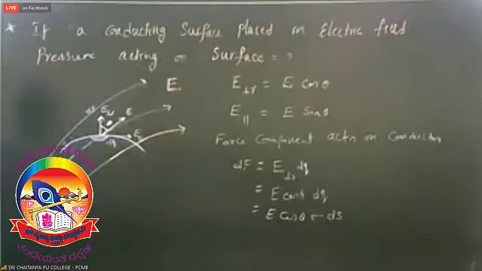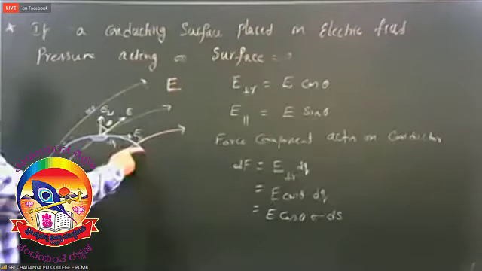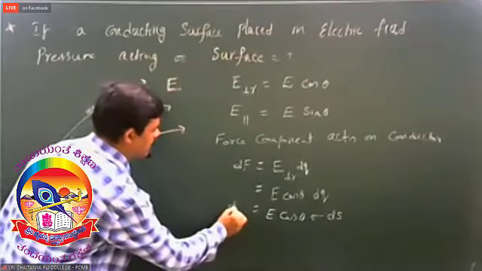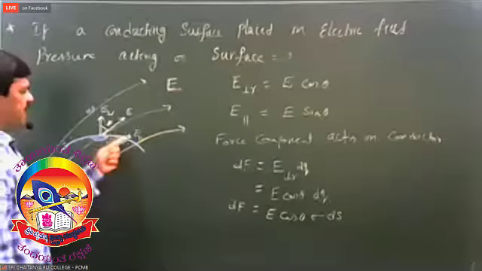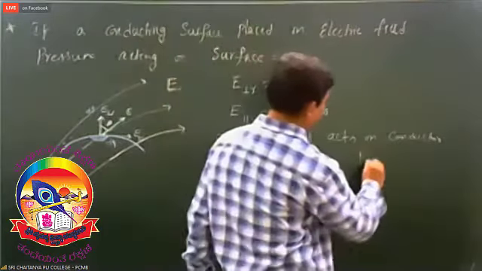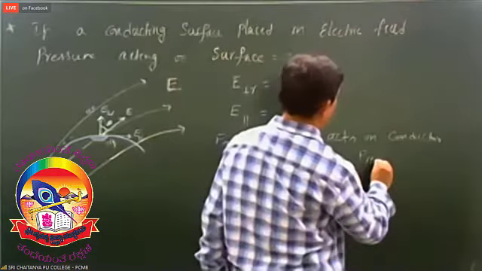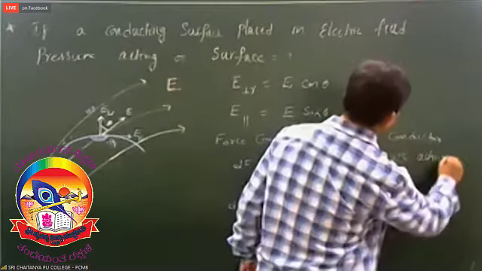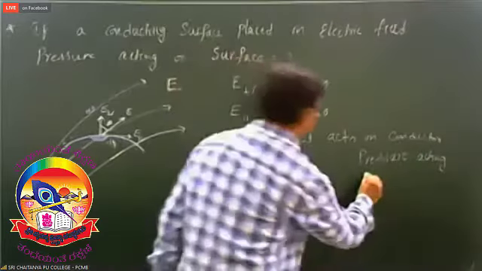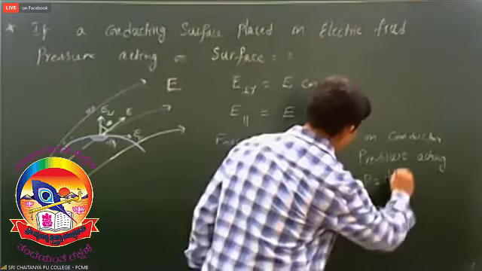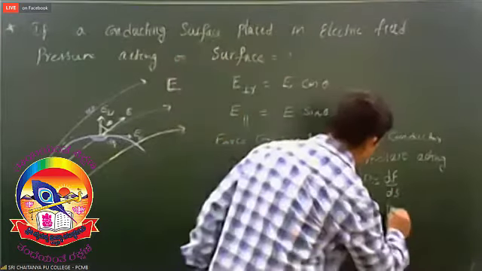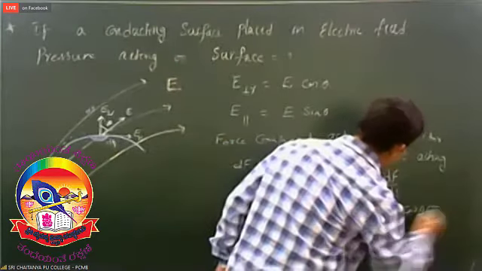Can I write dq as sigma ds? In the previous case I told you, they give you the surface density of this. This is dF. Then what is the pressure acting on it? Pressure is dF by ds, which is E cos theta into sigma.